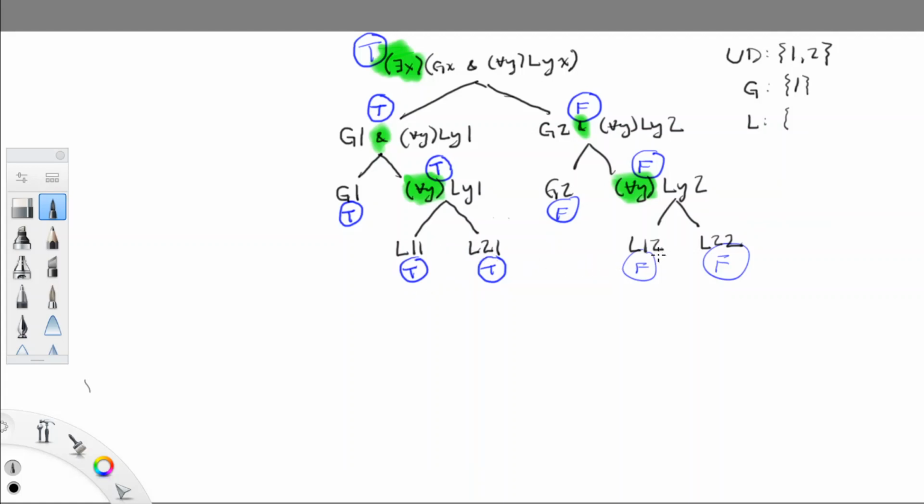We also see that L12 is false and L22 is false. What that means is that the pair 1, 1 is in the extension of L, and the pair 2, 1 is in the extension of L, and nothing else. This is our completed interpretation for this problem. On this interpretation, our sentence comes out true.